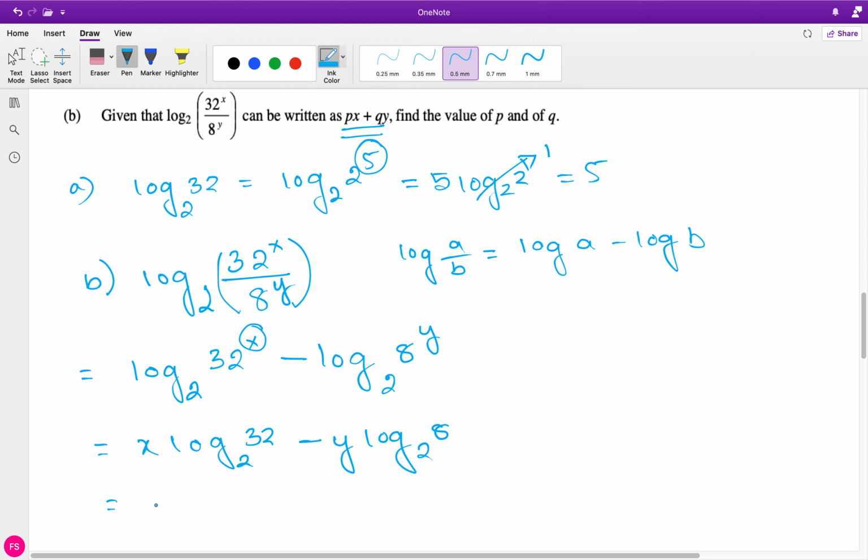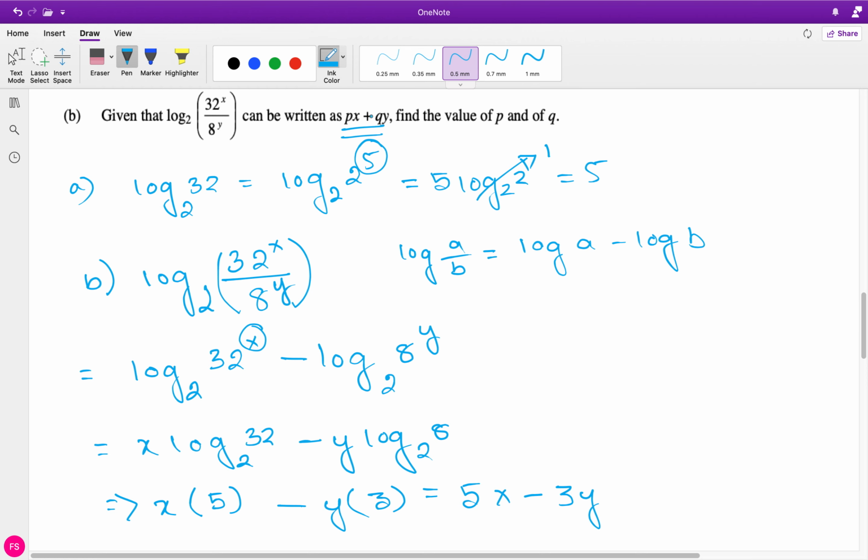From part a, we already figured out that log of 32 to a base of 2 is 5. So I'm just going to write 5x minus y log of 8 to a base of 2. This equals 3, because 2 to the power of 3 is 8. So I have 5x minus 3y.